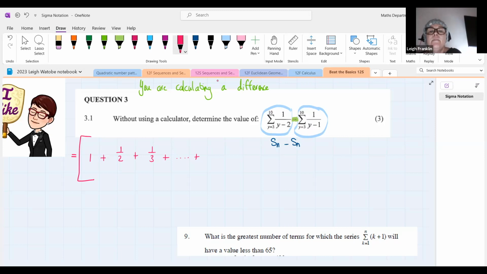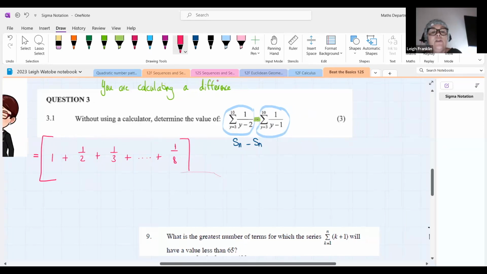So 10 minus 2 would give us 8. So that would be 1/8. Can you see this pattern is going 1 plus a half plus a third plus a quarter plus a fifth plus a sixth plus a seventh plus an eighth, minus.